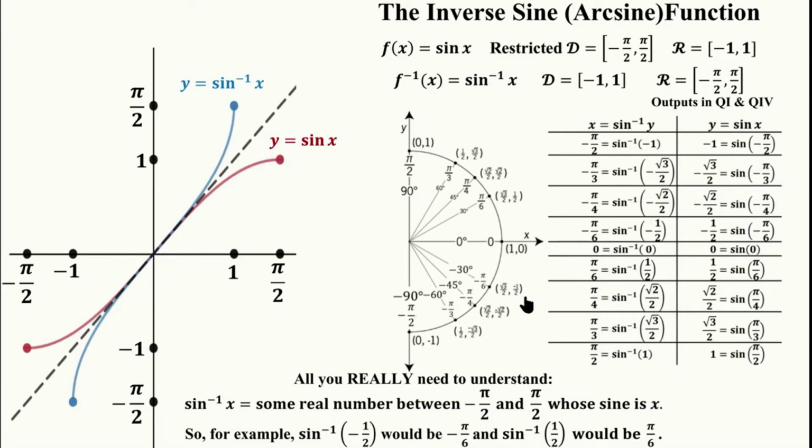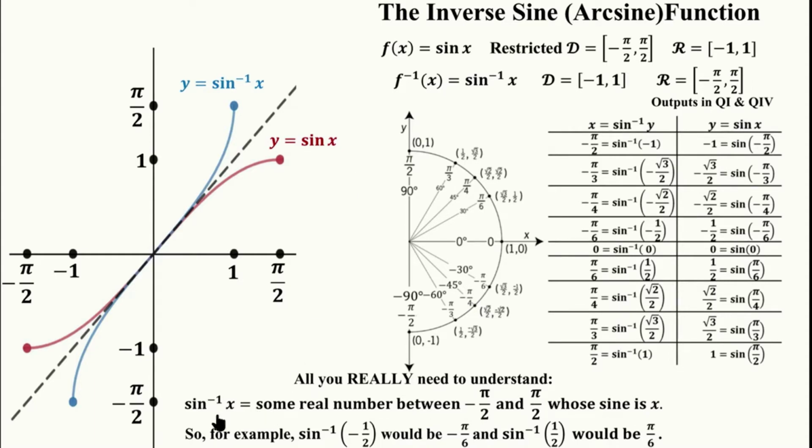That's basically all you have to do in order to find the inverse sine of a given number. Now, of course, if we were dealing with degree measures, we would have answered negative 30 degrees instead of negative pi over 6. But that's as simple as it is.